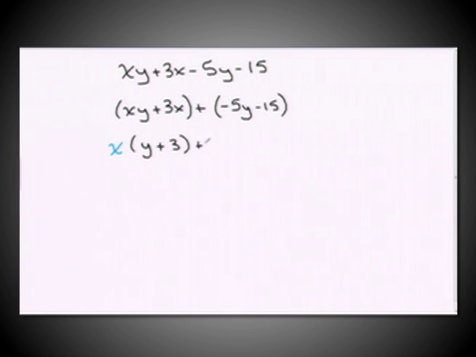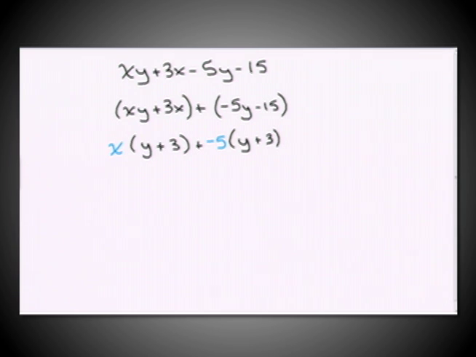Moving to the second group, I see that they both have a factor of negative 5. So I'm going to factor out the negative GCF. And when I divide each term by negative 5, well, negative 5y divided by negative 5 is positive y. Negative 15 divided by negative 5 is positive 3.